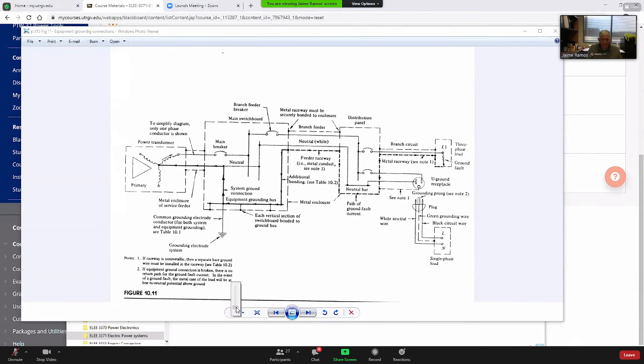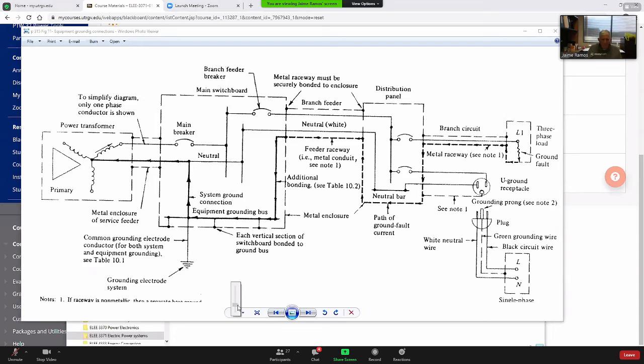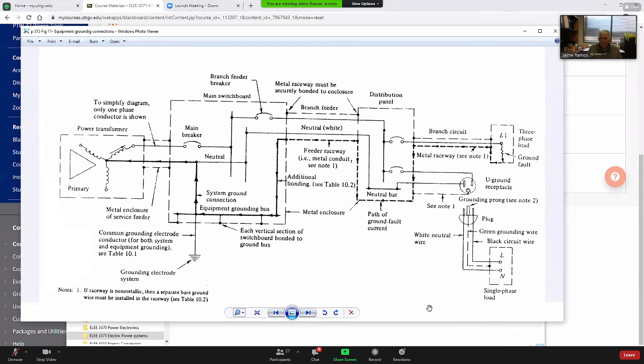Okay. So look, let's look at the right. On the right, we have an outlet, a grounded receptacle. So then the plug, we have the three prong plug. So then we have a line and a neutral and a ground.